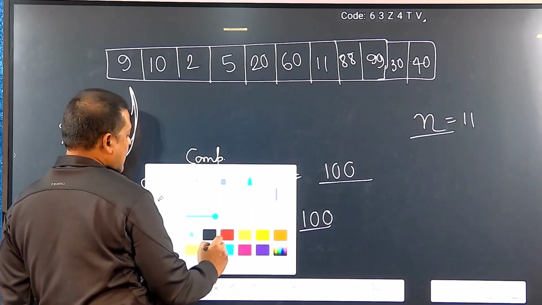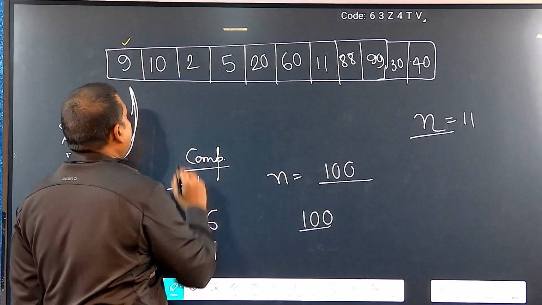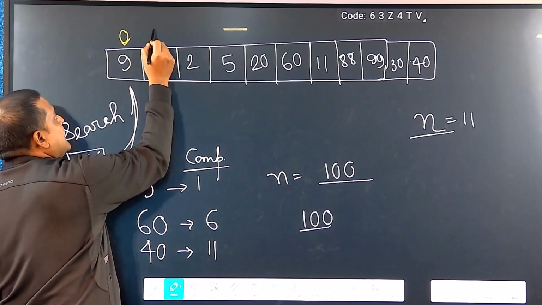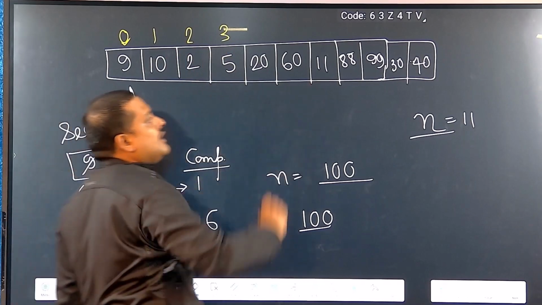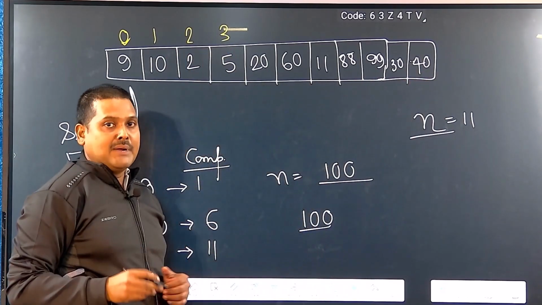First we will compare with this element, we will run a loop, and through this loop we will compare with the index 0 element, then index 1 element, index 2 element, 3, and this way we will continue till the last, unless we get the element.